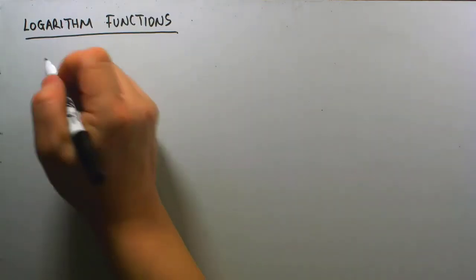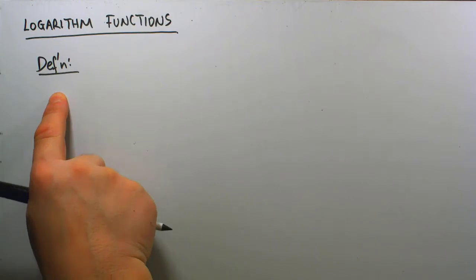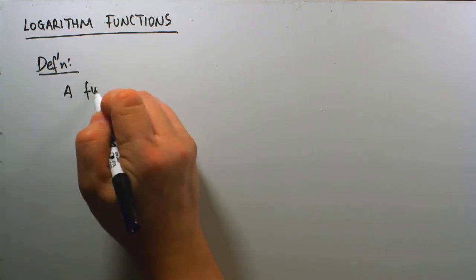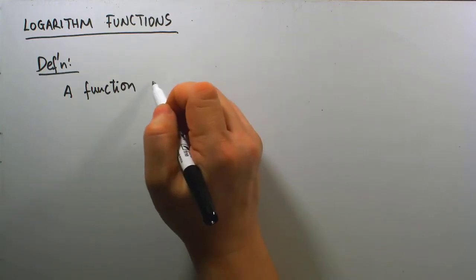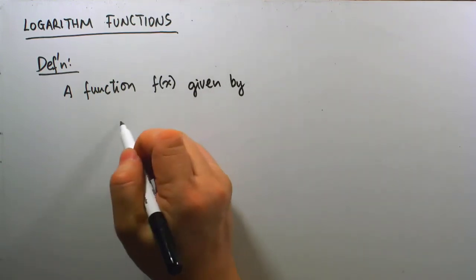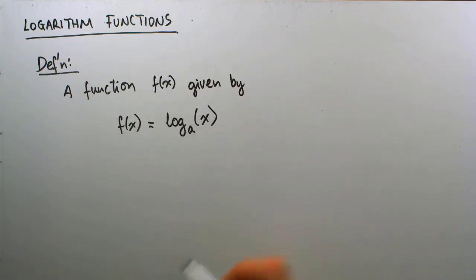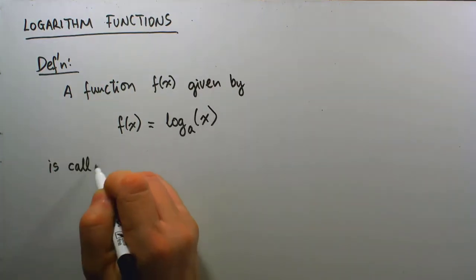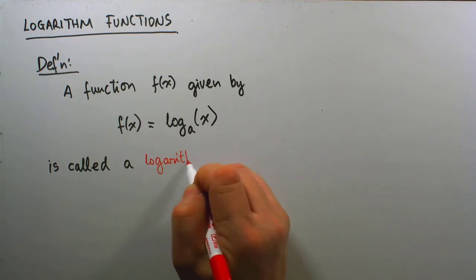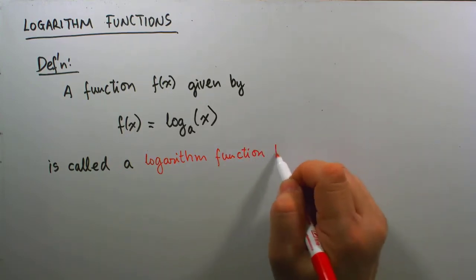Okay, and so as a formal definition that can be found quite commonly throughout most of the standard algebra textbooks, a function f of x that's given by f of x equals log with some given base a of x is called a logarithm function, base a.